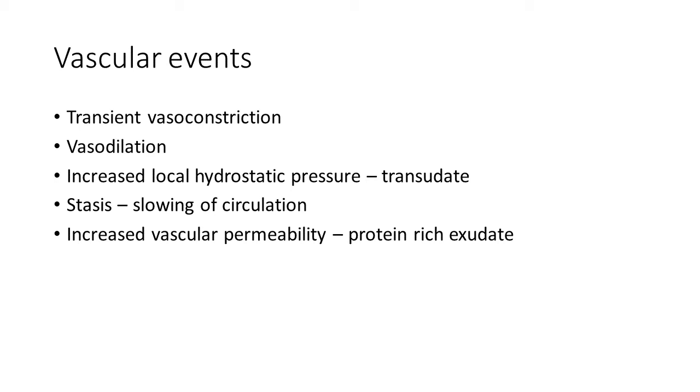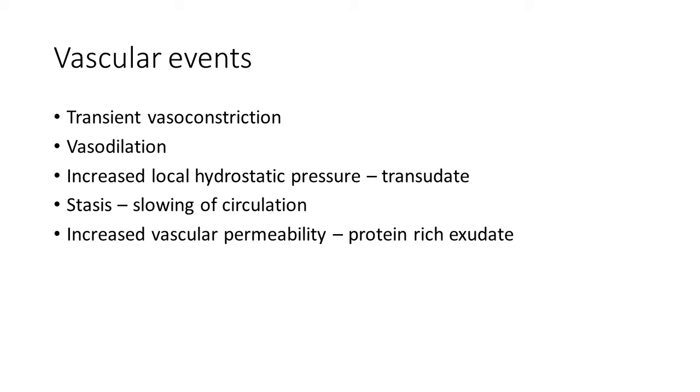This may last from about 3 to 5 seconds to about 5 minutes, depending upon the severity of the injury. What follows next is persistent progressive vasodilation. So the first response is vasoconstriction, which is temporary, and then this is followed by persistent and progressive vasodilation.